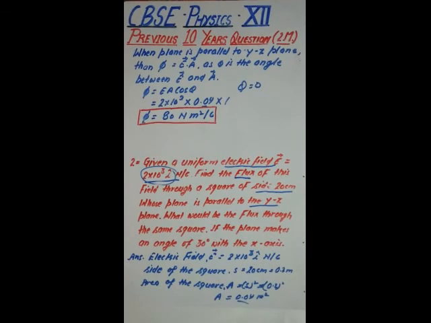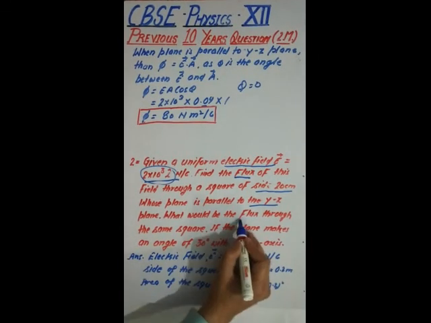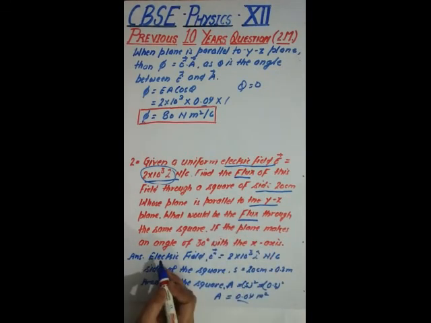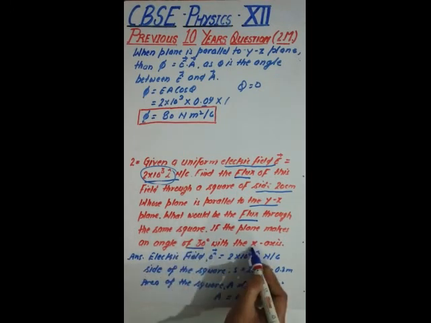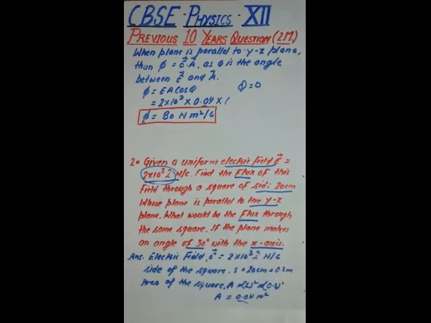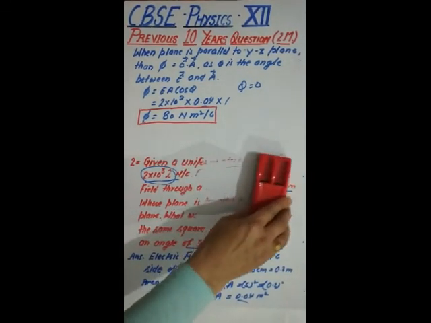In the second part of the question, we have to find out flux again, when the side makes 30 degree angle with the x-axis. So we have to solve that one.